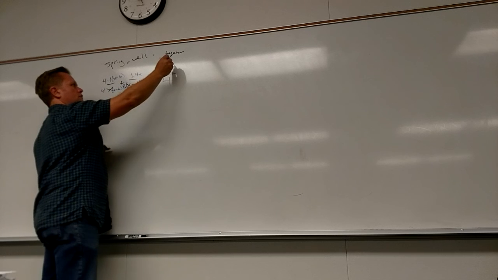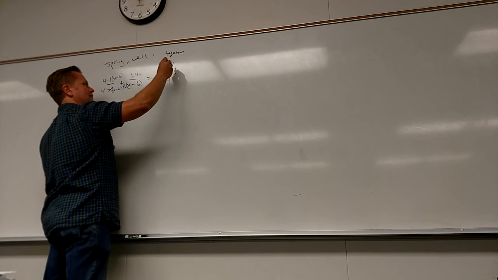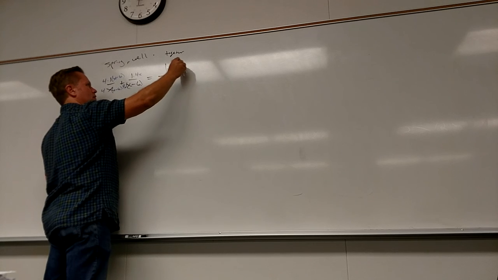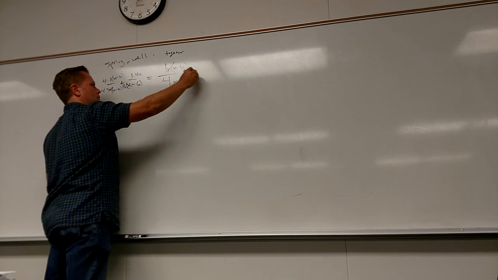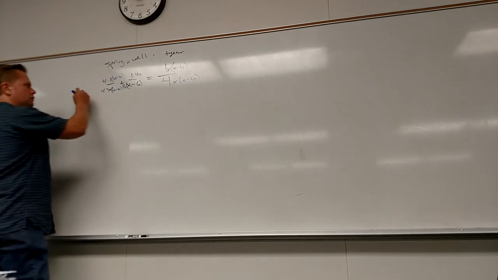What does the last one need? He needs X minus 6, an X and an X minus 6. He needs everything. We've done this before. If I make all the bottoms the same, I can multiply by that thing and they all die. So technically I could just do this now.